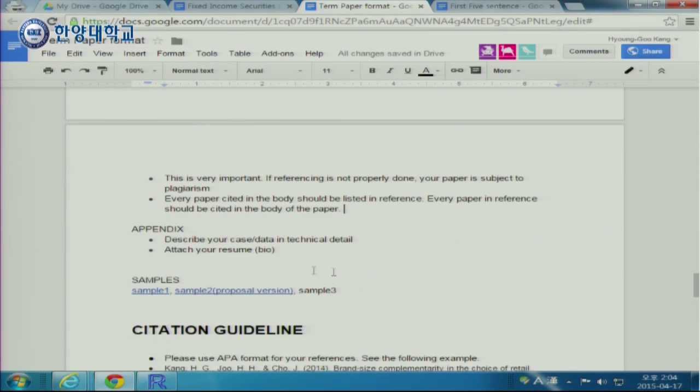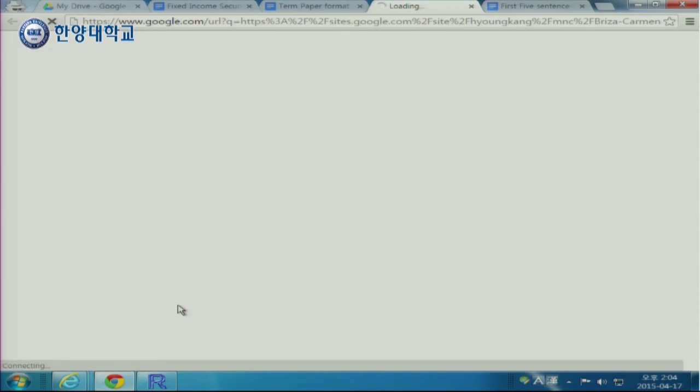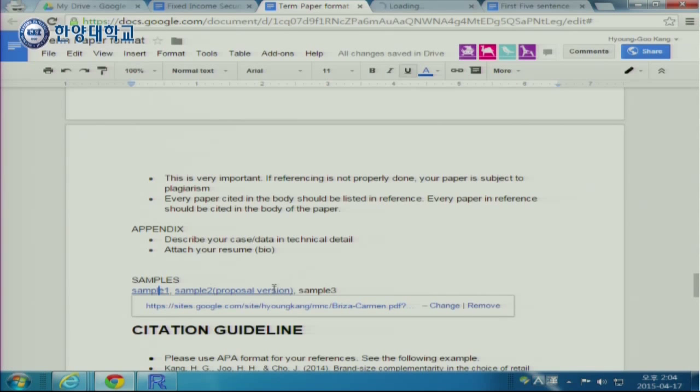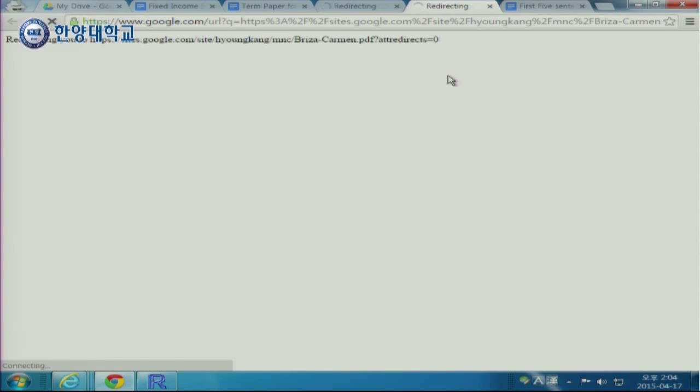Okay. And then there are samples. Well, there are even samples. What is this sample? What is this? I didn't know there's a link to the sample.